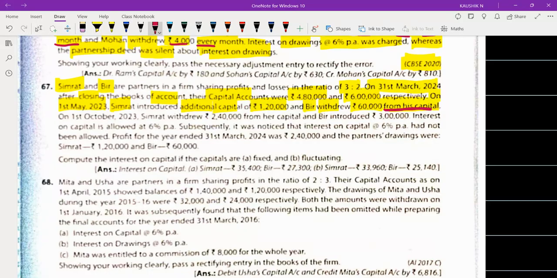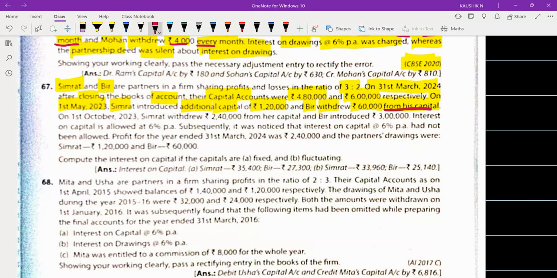Withdrawal of rupees 60,000 from his capital means drawings. Make it clear, make it complete: what type of drawings is it? Drawings out of what? Very good. We have got two different terms which we learned: drawings out of profit, and drawings out of capital.